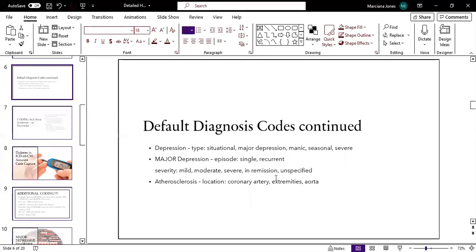Is it in remission? Or is it unspecified? So if it's unspecified, the default code is going to be F32.9. I want you guys to write that down. If you see depression in a chart and it's not specified, it just says depression, it's going to be F as in Frank, 32.9. I'll give you a minute to write it down.